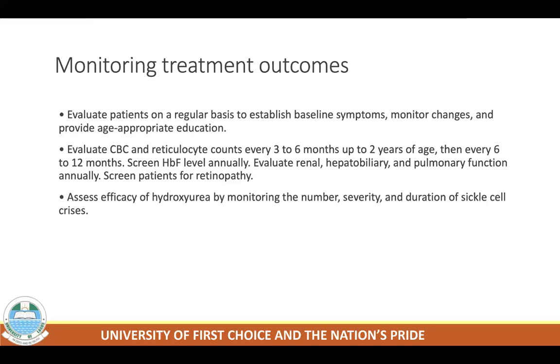Any questions? So in practice, a test is not usually done.